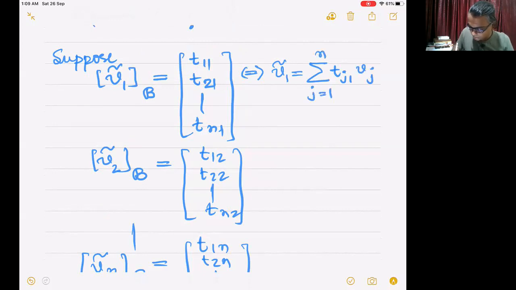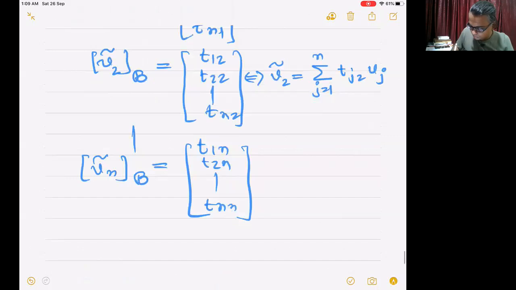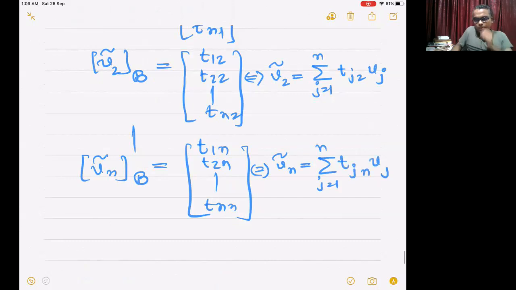This is the same as saying, like before, it becomes tedious after a point of time, but we have to do it, v2 tilde is the sum of Tj2 Vj. I'm just expressing the vectors in the new basis as a linear combination of vectors in the old basis. How does that help?